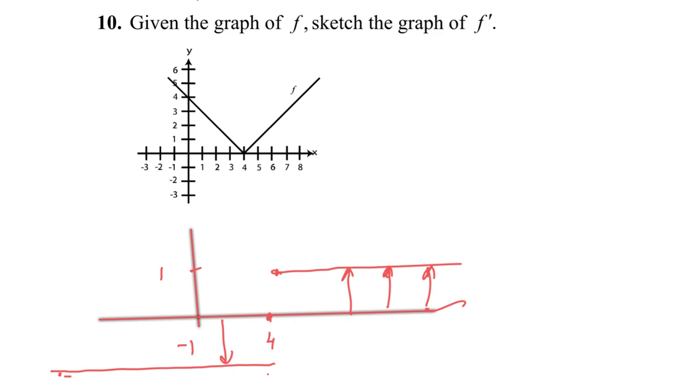And at the point 4 the derivative doesn't exist, because if you take the limit when you approach 4 from one side, the derivative will be plus 1. And if you approach from the other side, it will be minus 1.